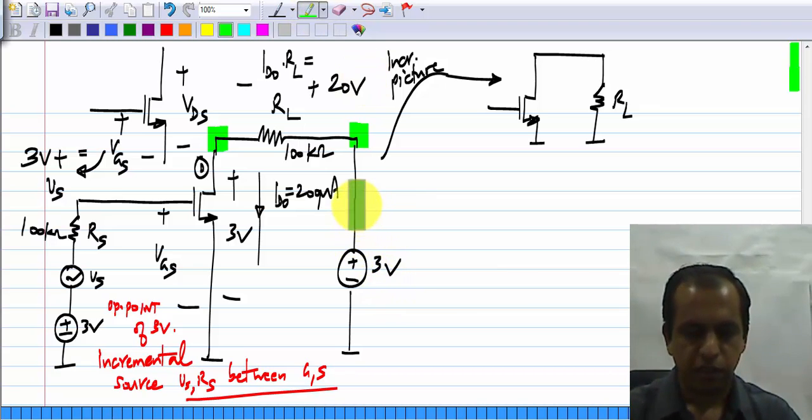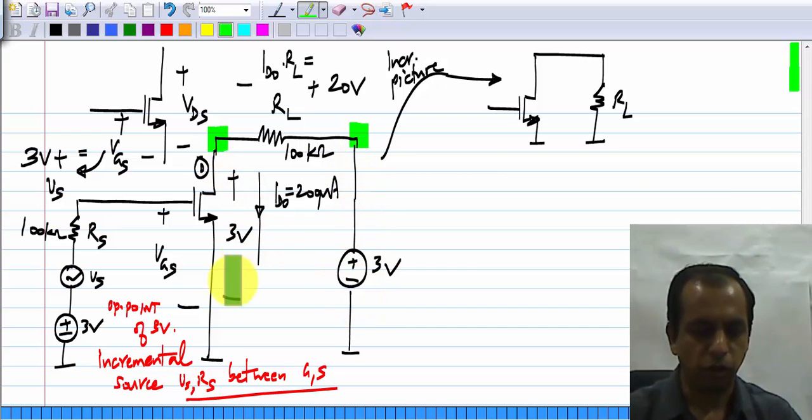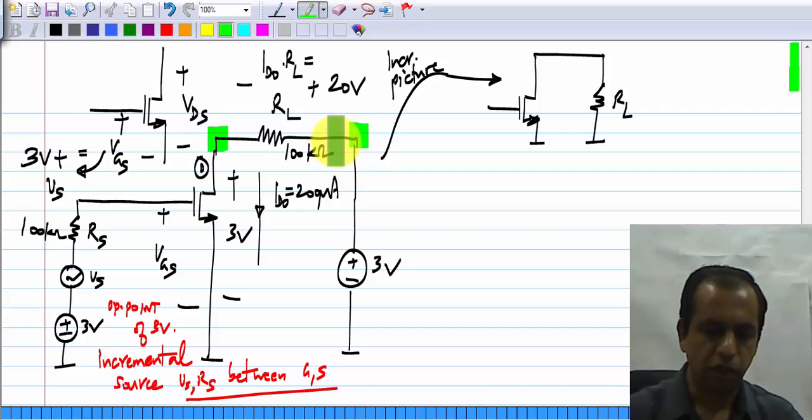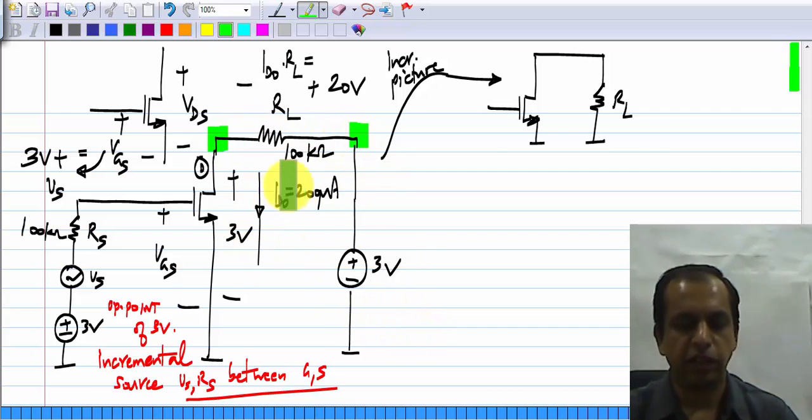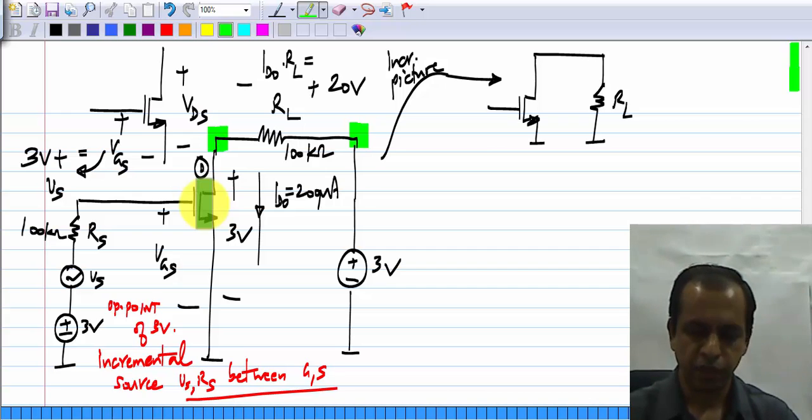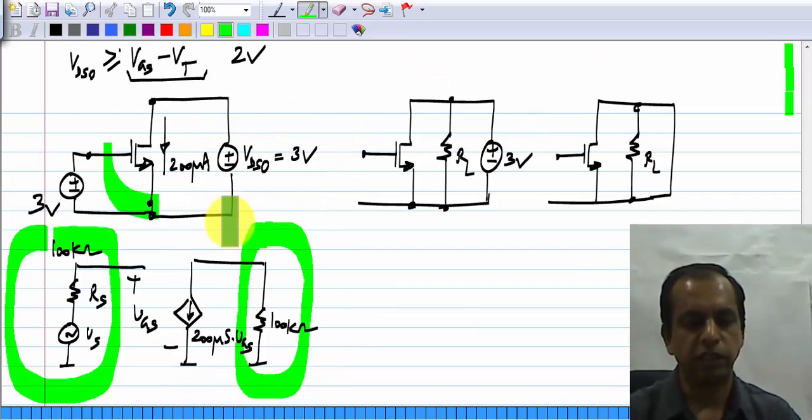Now, clearly there is some inconsistency here. If you apply 3 volts here, you are not going to get 3 volts here. You will get 3 volts minus the drop across RL. And you can consider this circuit and see that if you do actually make a circuit like this, the transistor will get pushed into the triode region. Okay. Originally this voltage source was directly across the drain and source.